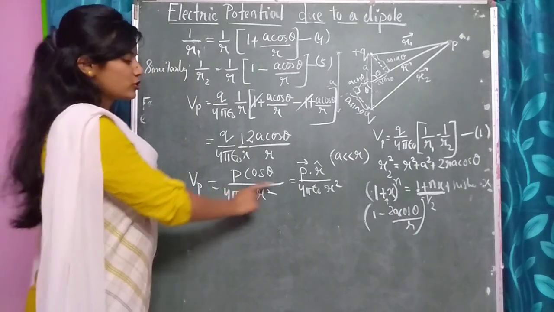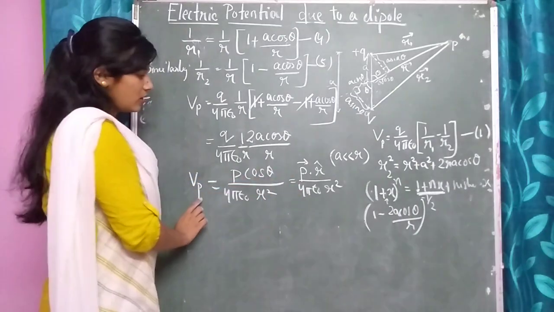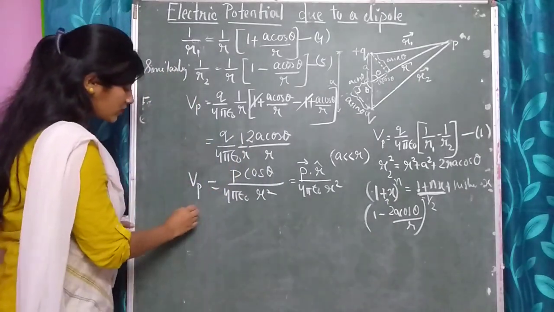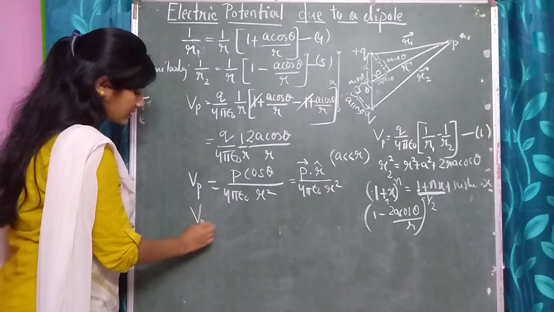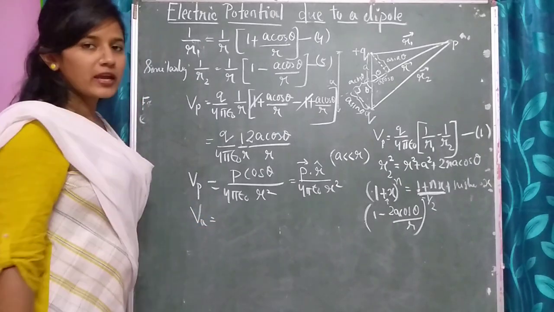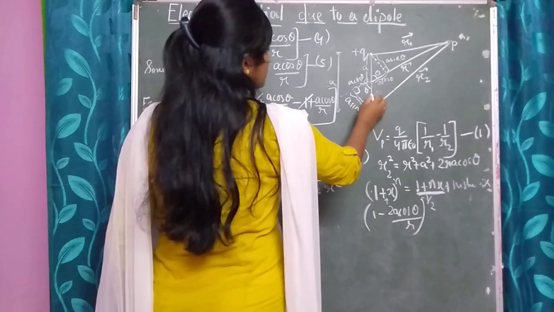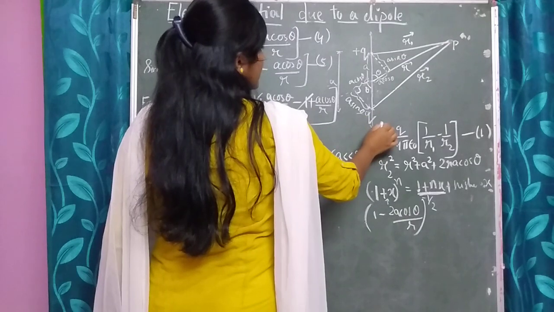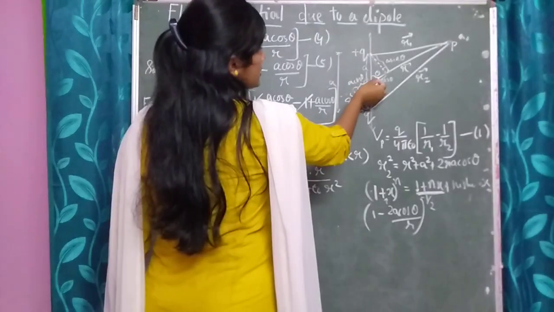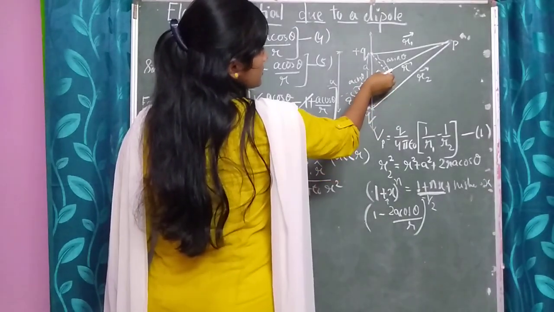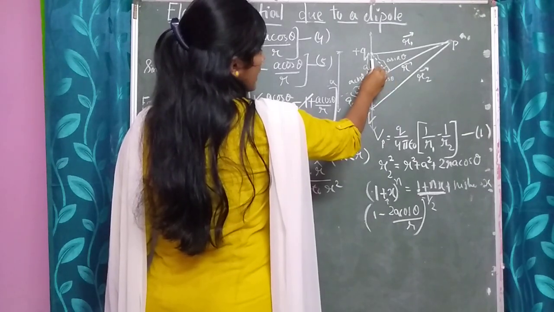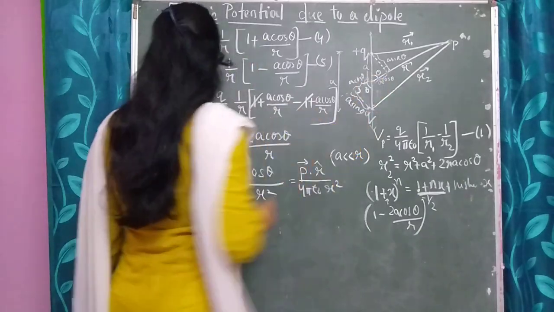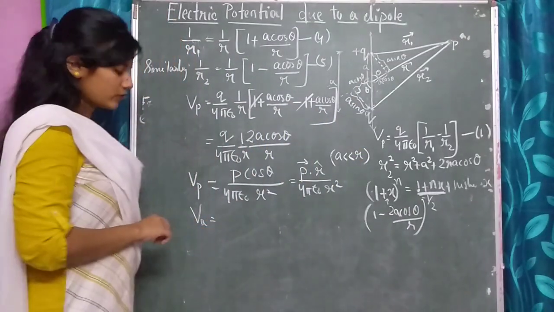So this is the expression for potential at point P, and if you want to find the potential at an axial point, the axis will be along this direction or along this direction. So this theta becomes 0 or 180.